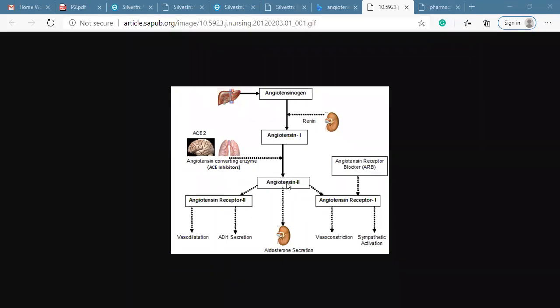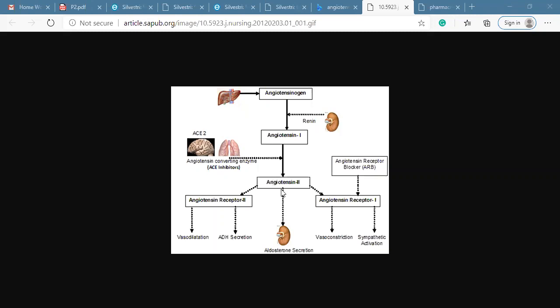Now angiotensin 2 has some functions in the body. What are they? One function is vasodilatation. Another function is ADH secretion, and ADH basically reabsorbs fluid.